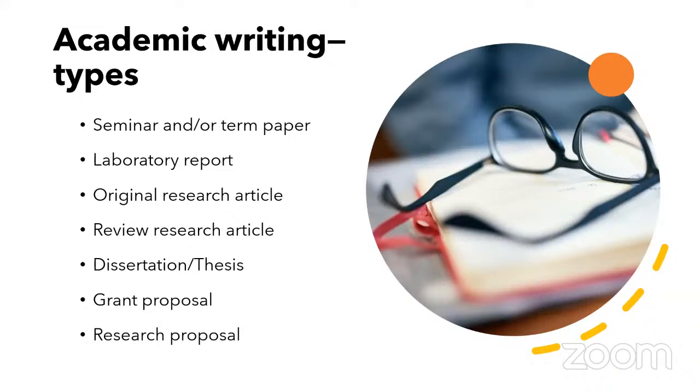So these are a few examples or types of writings that we do in the academic. Whatever area of work you have done, any academic writing you're doing will fall under one of these categories.